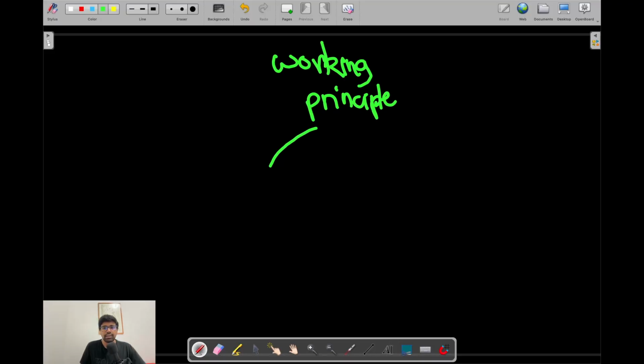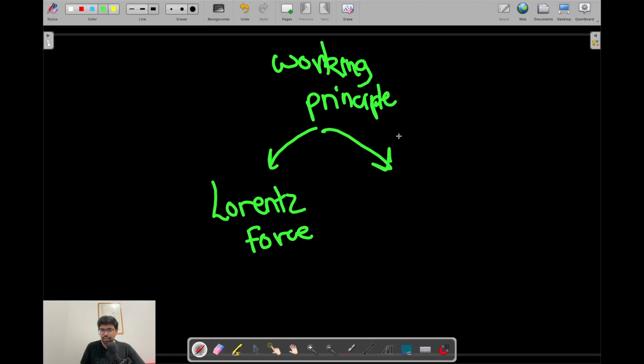Now, how does a motor work? What is the working principle of a motor? Before diving into the working principle, we need to understand two things: the Lorentz force, and the other one is magnetic induction.